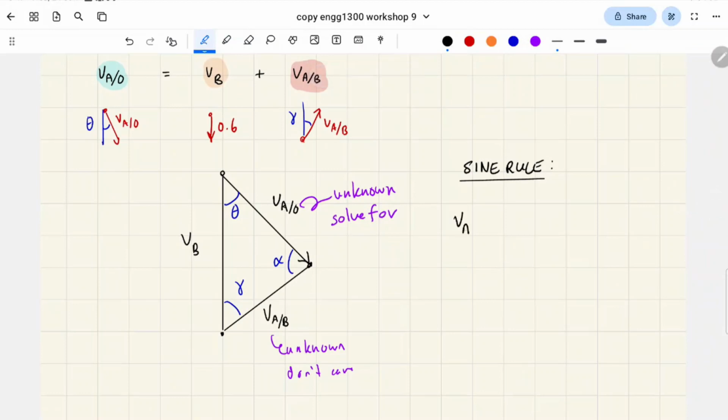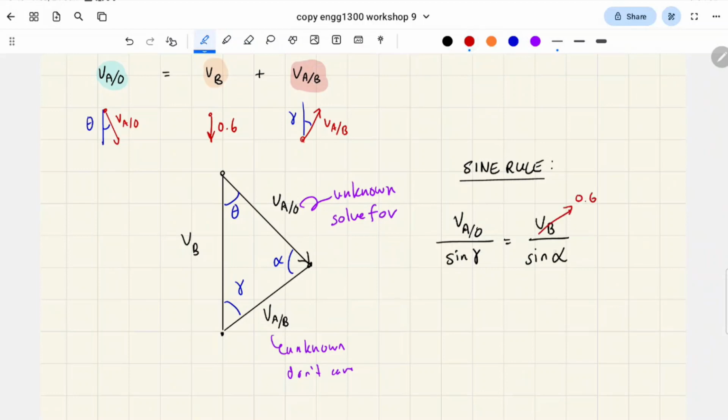So sine rule, it's a side, so that's that side with this angle, and we care about this side. We know this side, and we know that angle, right? So we just replace that.